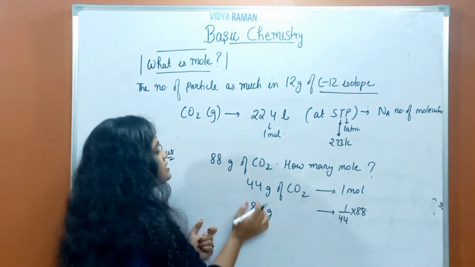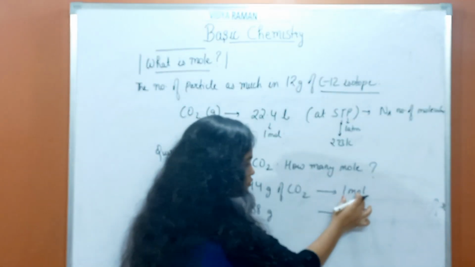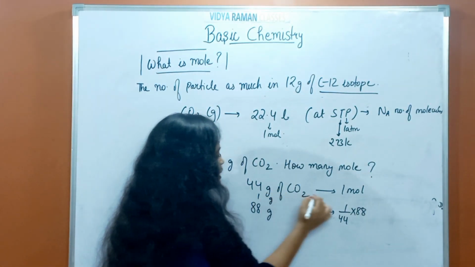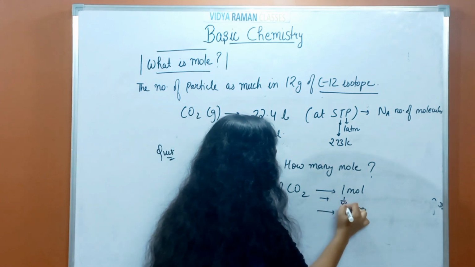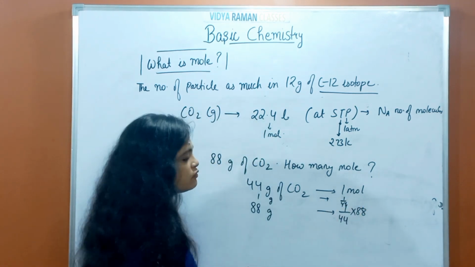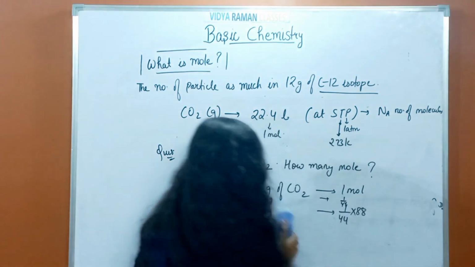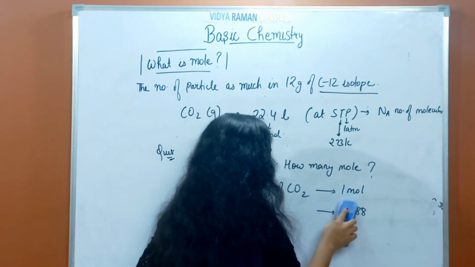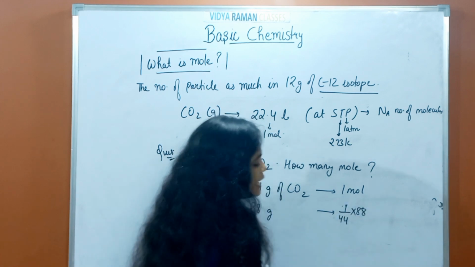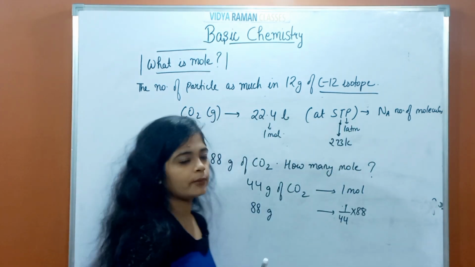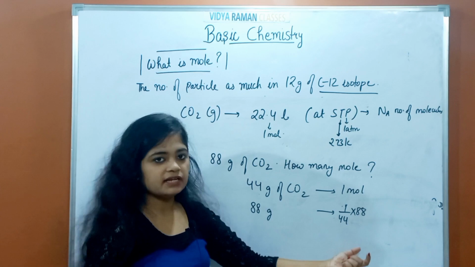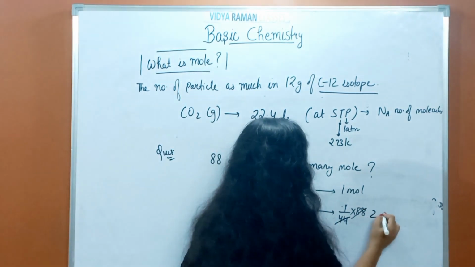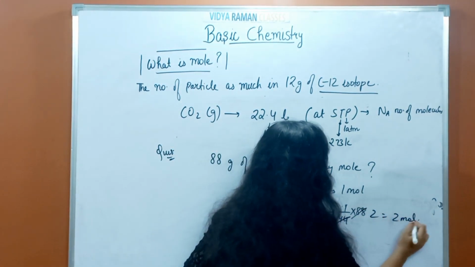Unitary method is when 44 gram is containing 1 mole, so 1 gram will contain how much? 1 upon 44, and 88 will contain 1 by 44 into 88. So this is the unitary method. If you are clear with unitary method, it will be more interesting for you, and if not, then you can simply stick to the formula also. So 88 gram is containing 2 mole of CO2.